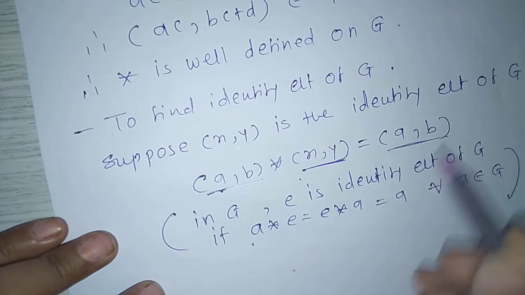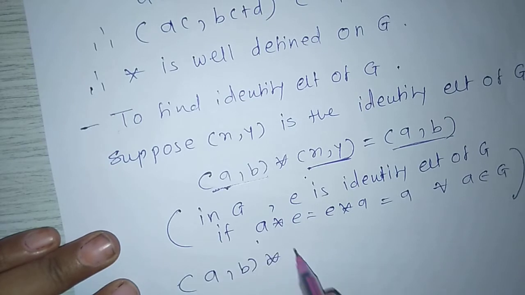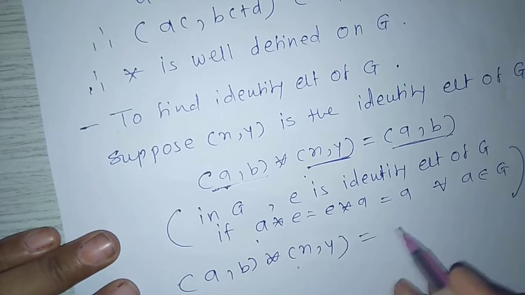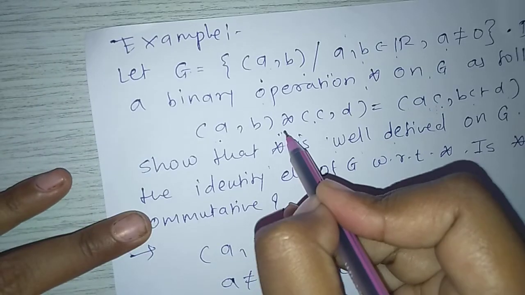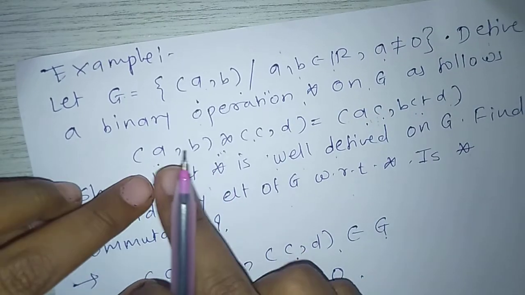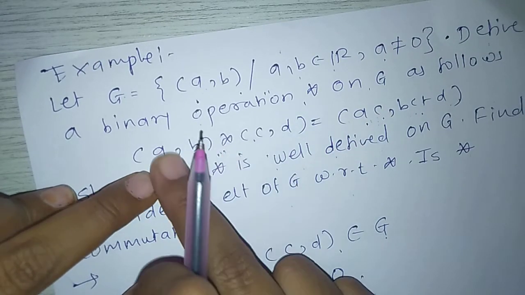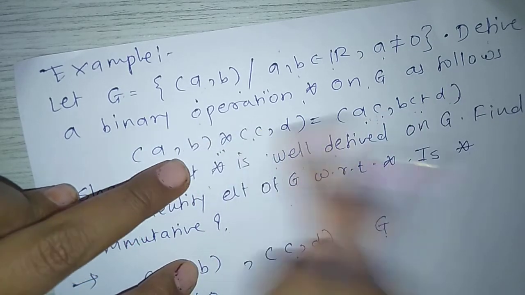Also here, equal to a means (a, b). Now (a, b) star (x, y) equals (a, b), and star is defined as (a, b) star (c, d) equals (ac, bc + d), so a into c is the first entry, second entry bc + d.